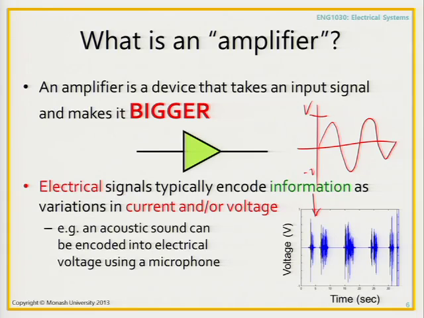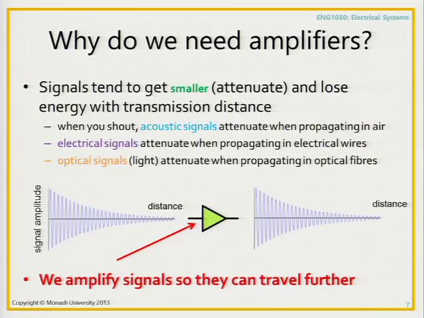What an amplifier does is take these small signals and turn them into much bigger signals. And why is this useful? If I want to get some information from down here up to you guys in the back, I could turn off the mic, but then the signal gets smaller and smaller as it reaches you in the back.